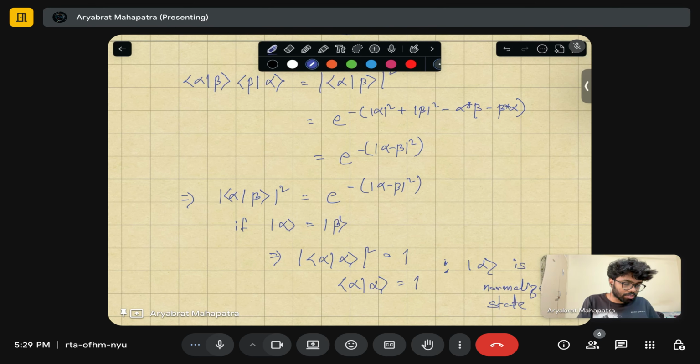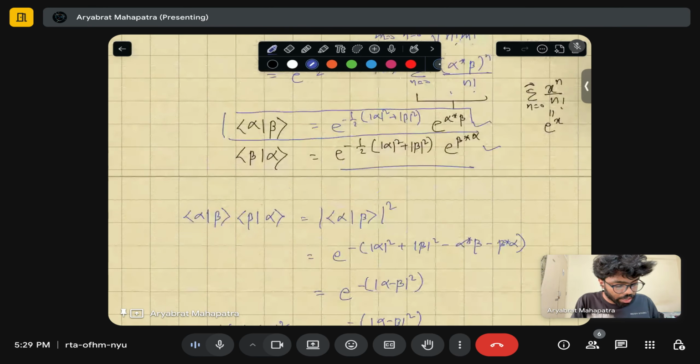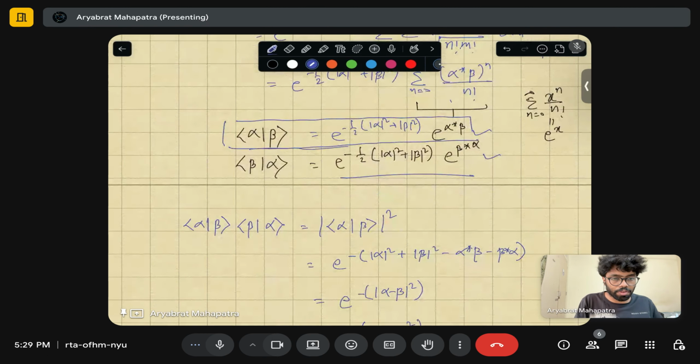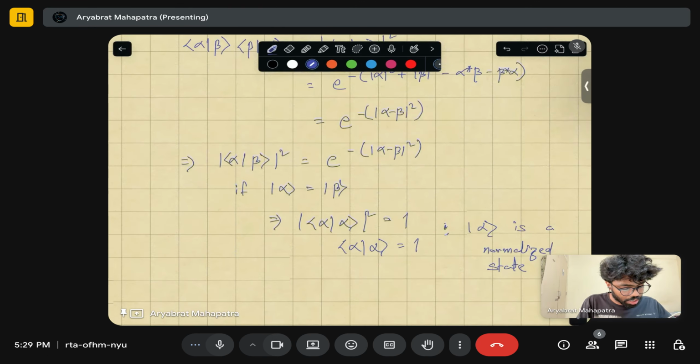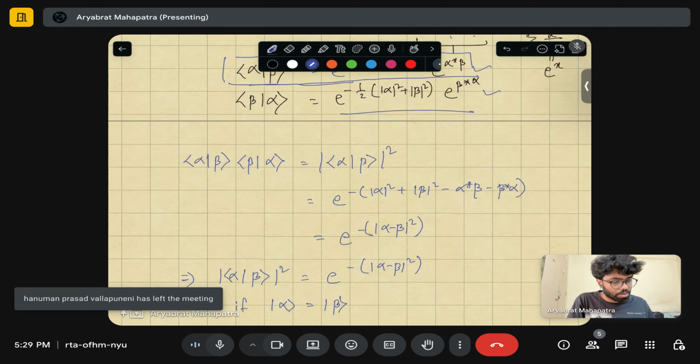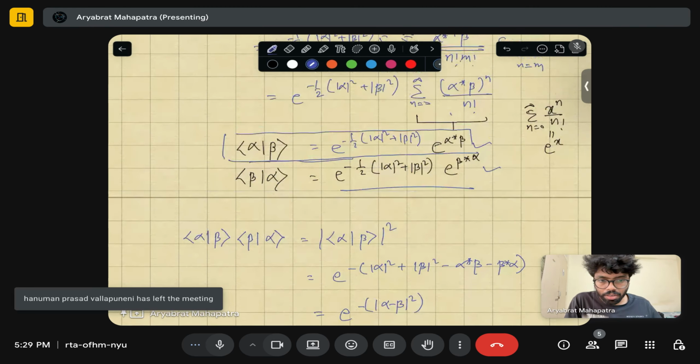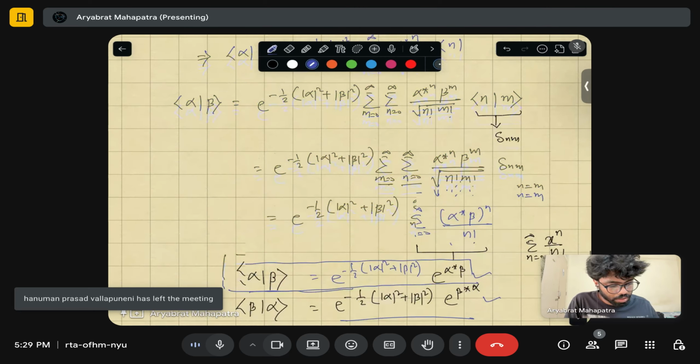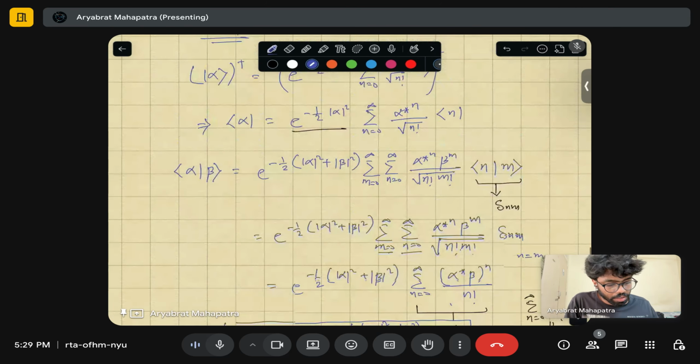So we wanted to show the inner product, but using this inner product, we also proved that this coherent state alpha that we have been defining from the beginning is also a normalized state. So if you have any question, you can ask anything.